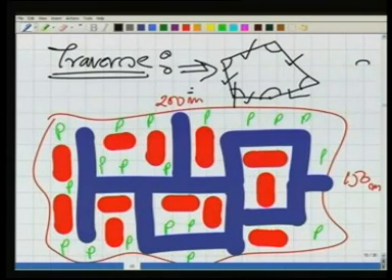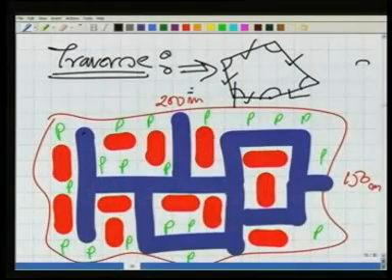Now can we make a traverse here? And will the traverse solve our problem? Okay, let's start from here.